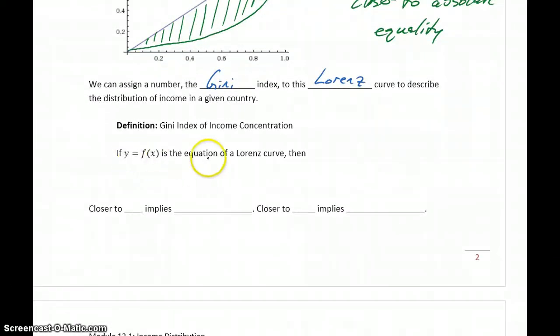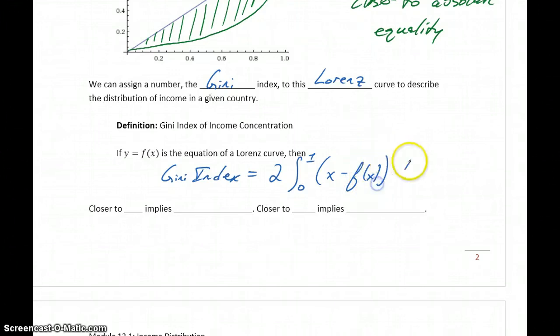So if y equals f of x is our Lorenz curve, then the Gini Index is equal to 2 times the integral from 0 to 1 of x minus f of x dx.